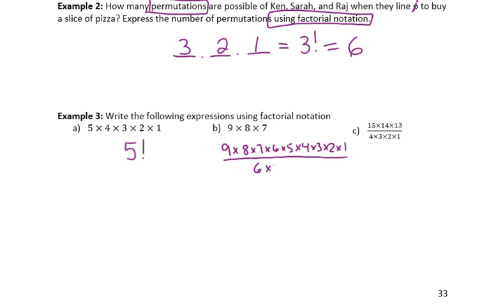It must have been reduced out. We divide by it, right? So these guys would have been reduced out. So how would that look now in factorial notation? 9 factorial over 6 factorial. Make sense? Okay.